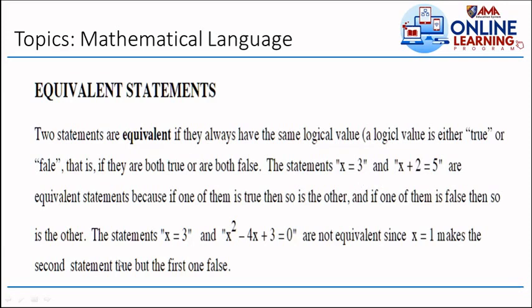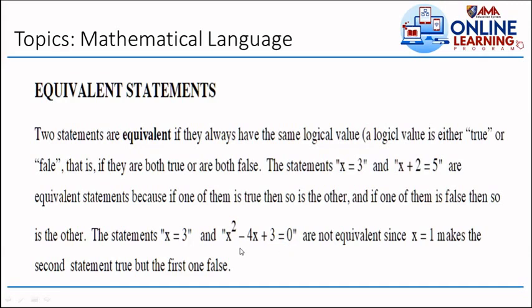Next, the statements x is equal to 3 and x squared minus 4x plus 3 is equal to 0 are not equivalent, since x is equal to 1 makes the second statement true, but the first one is false. This is your first statement, x is equal to 3. In your second statement, if you substitute 1, 1 squared is 1, minus 4 multiplied by 1 is 4, so 1 minus 4 is negative 3, plus 3 is equal to 0.